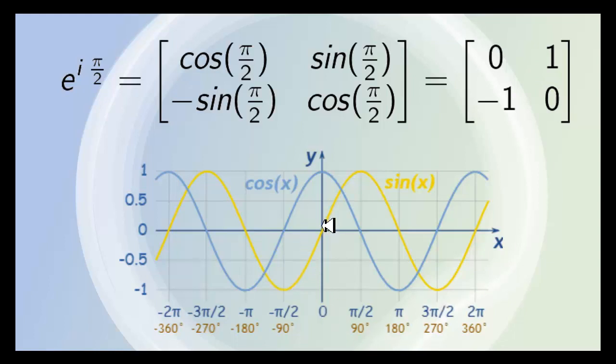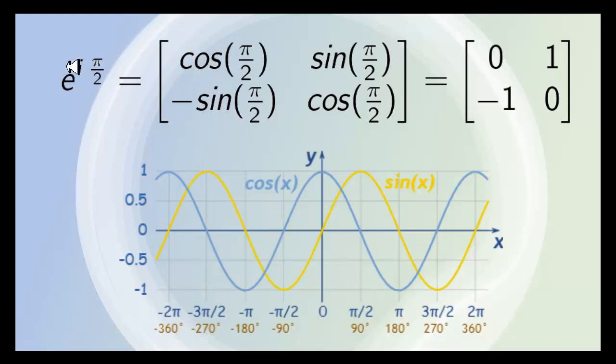Now the sine of pi over 2 is 1, so we put 1 in here. The sine of pi over 2 is 1, but we negate it, so we put minus 1 here.